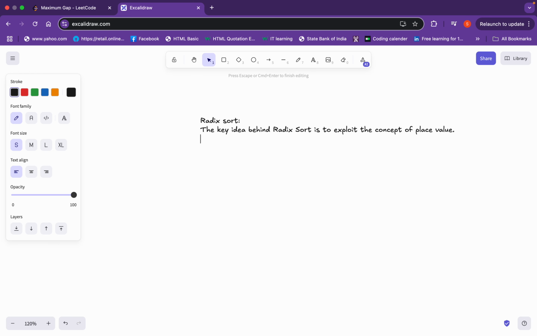And it assumes that sorting numbers digit by digit will eventually result in a fully sorted list.